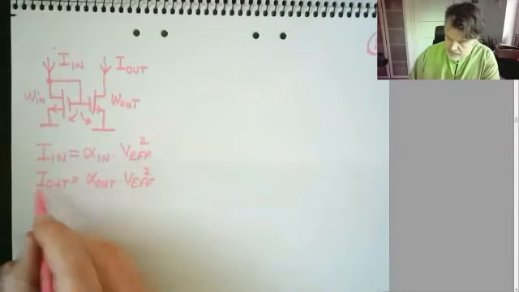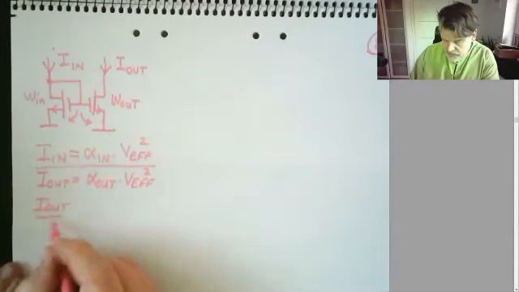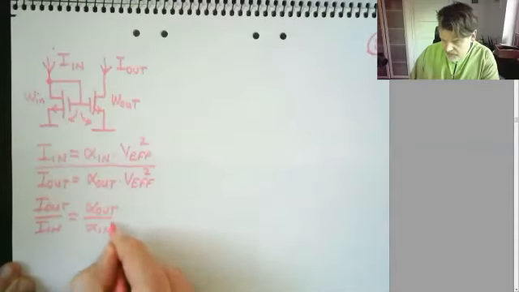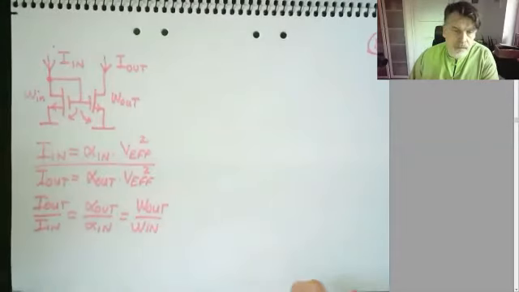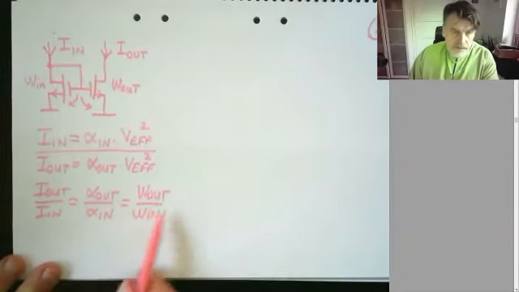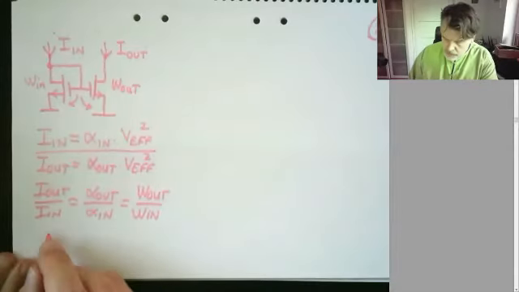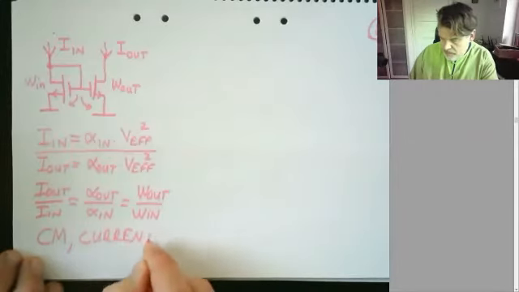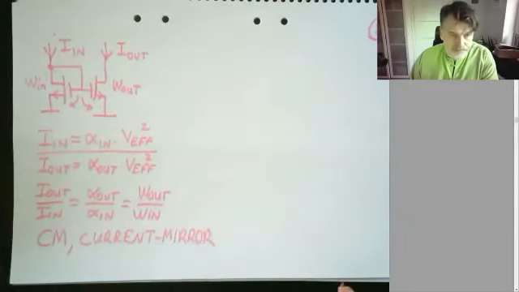And then I can divide both equations, and I get I out divided by I in equal to alpha out divided by alpha in, equal to W out divided by W in. So I amplify the current by a factor dependent on whatever W's I've chosen here. So we call this CM, or current mirror, because it can amplify the current and also act as an amplifier.